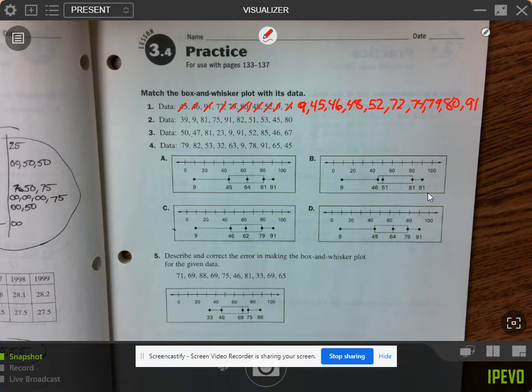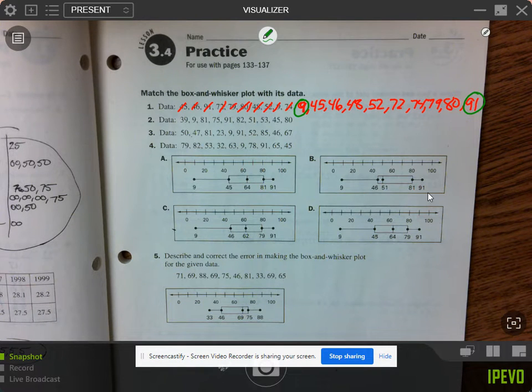This is what you have to do for some of the Khan Academy assignments. When you're trying to figure out which data set goes with which box and whisker, you find that median, you find your extremes. So I know my lower extreme is 9, my upper extreme is 91.